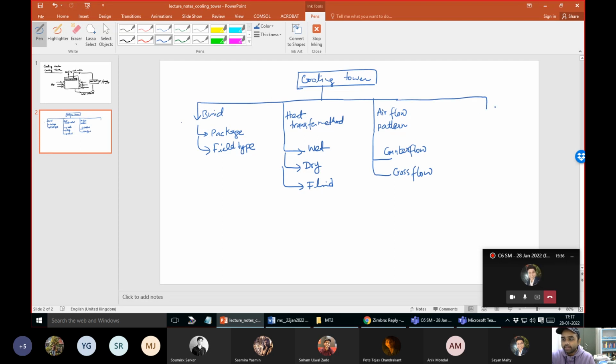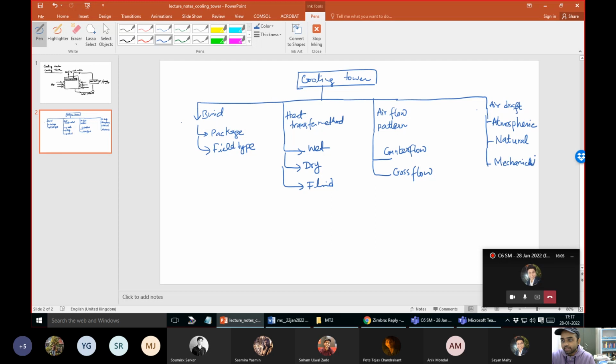And the classifications can also be made based on the air draft condition, whether it is atmospheric, whether it is natural draft, or whether it's mechanically forced draft.